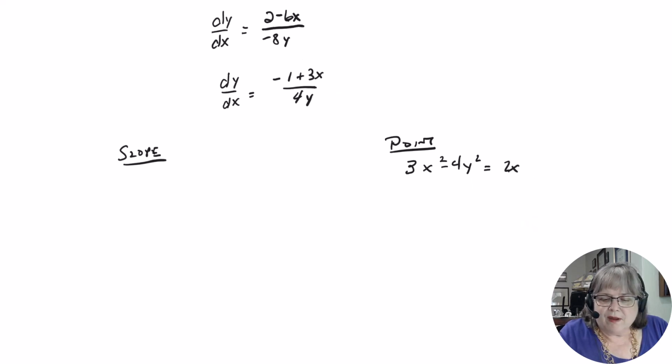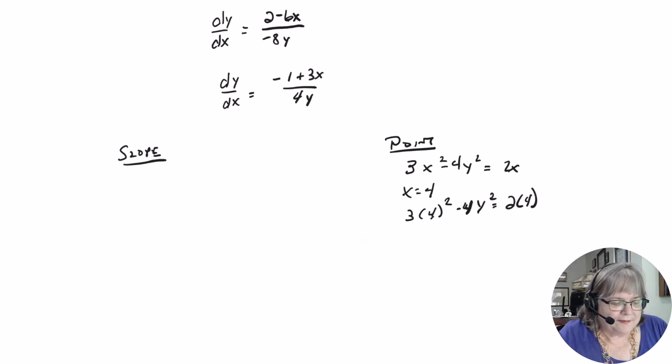Okay, so for the point, I want to use that original function, 3x squared minus 4y squared equals 2x. Okay, and I want to use x equal to 4. So I'd have 3 times 4 squared minus 4 times, we don't know yet, it's hard to break the habit of putting that in everywhere there's a variable, because that's the problem with implicit, equals 2 times 4. Okay?